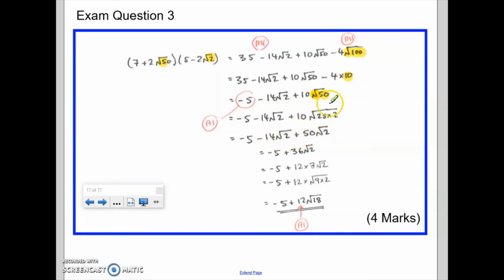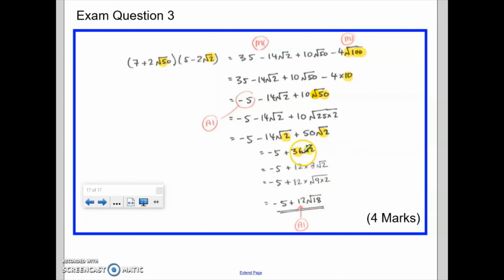So now you can see what I did was I manipulated that root 50, so I was dealing with the same number under the root sign. So now I've got minus 14 root 2's and 50 root 2's, which I can simplify to give me 36 root 2's. So now at this point, I need to try and manipulate the surd to be a root 18.